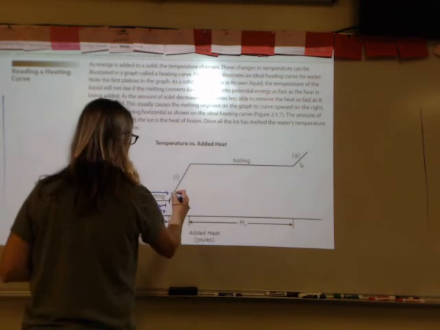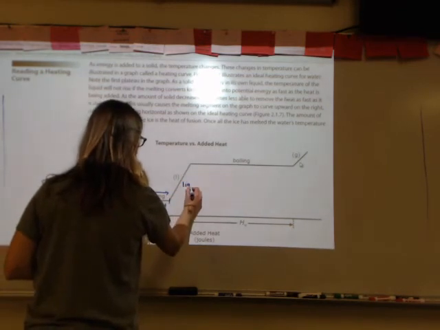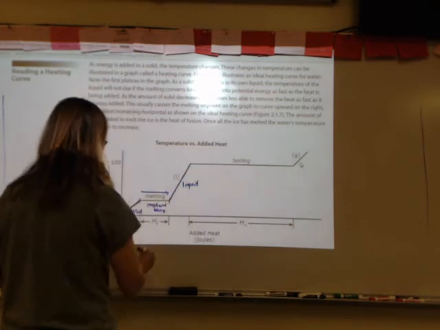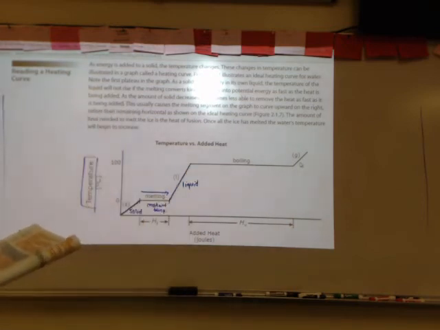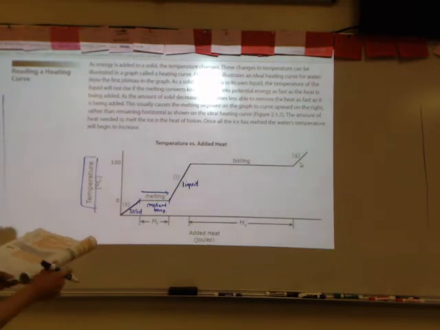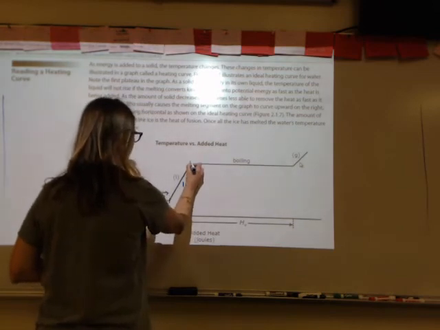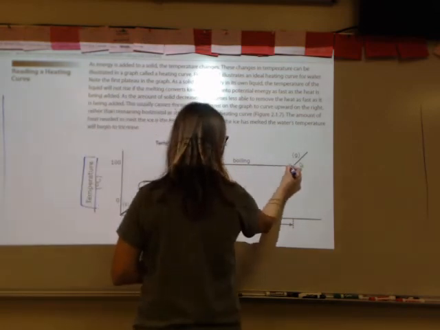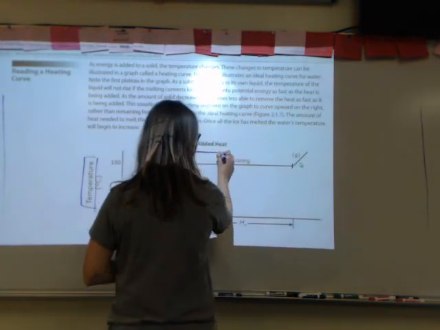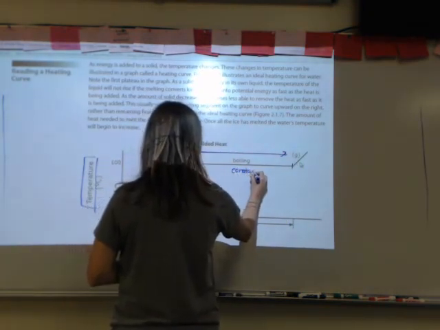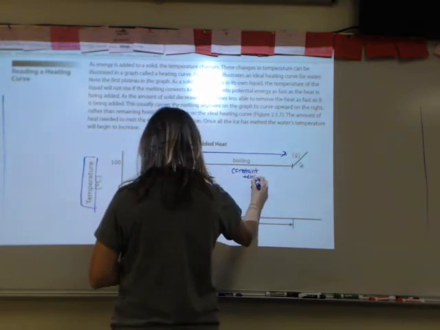Then you have an increase in temperature, and this is the liquid here in this portion of the graph. And this is where you're increasing the temperature, and the moment that first particle begins to enter the gas phase until all of them are there, this is boiling, moving from left to right here, and this is where you also have a constant temperature.